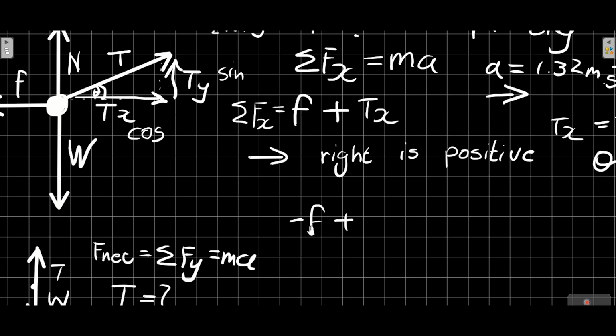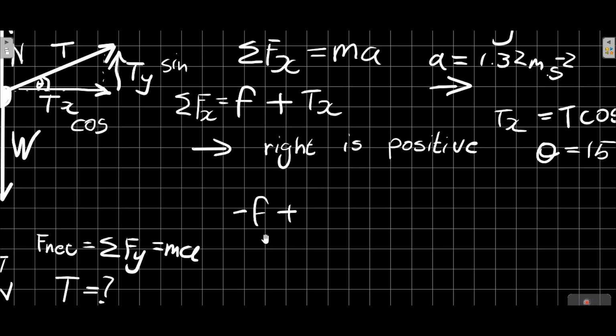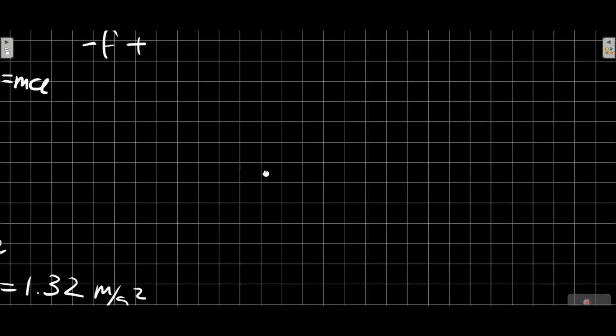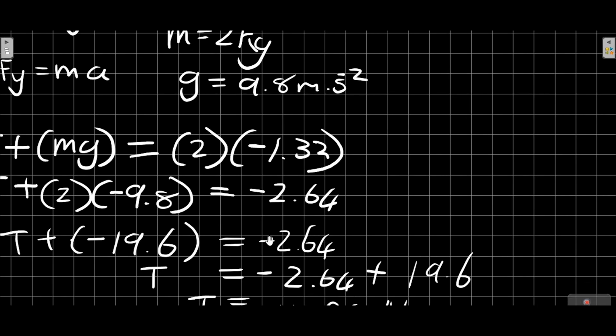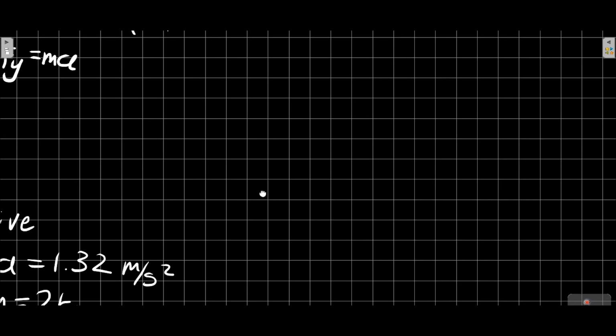So since it's pointing towards the left, our F is in the negative direction. So it's negative F. Then we add the T component of X, which is pointing towards the right. So plus T, what is T again? T was calculated as 16.96.